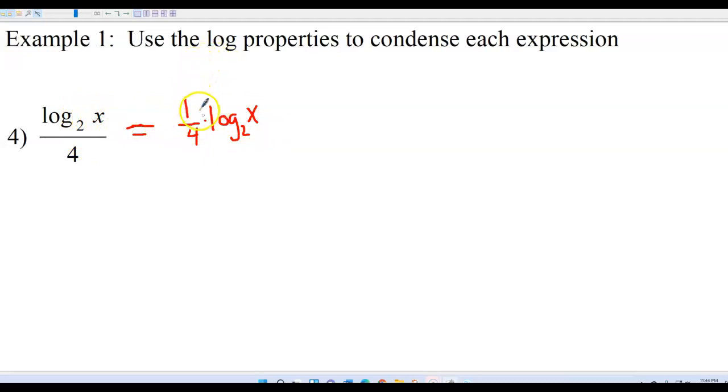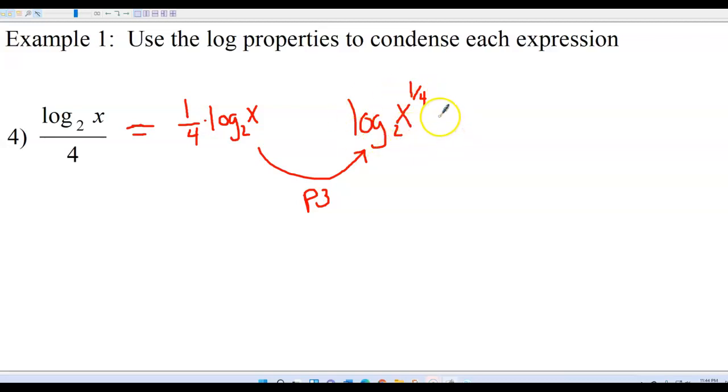Now that I've done that, I can see that this is a property 3 issue. Okay? Property 3 is the one where you have a number multiplying your log in the front. And as we said earlier, we could rewrite that as a single logarithm where this power in the front is written as an exponent.